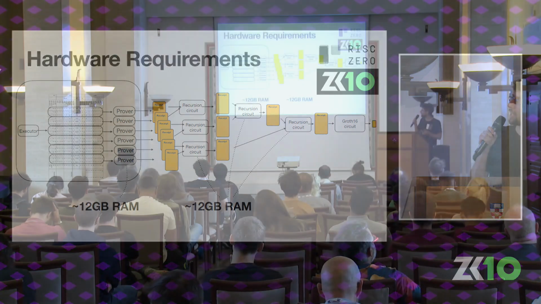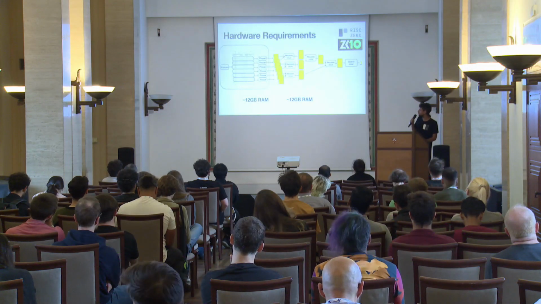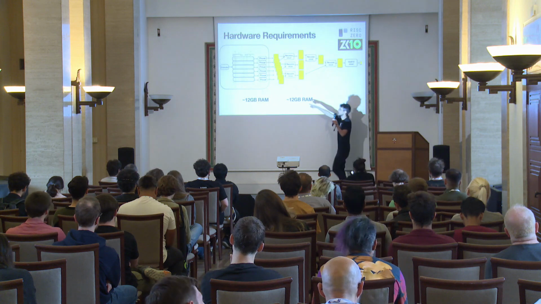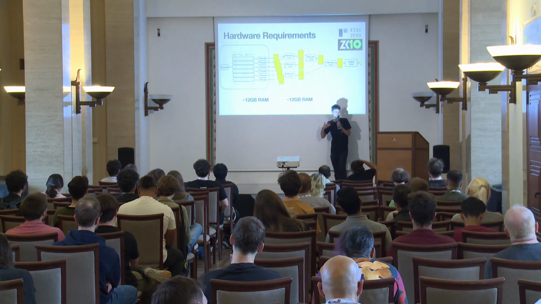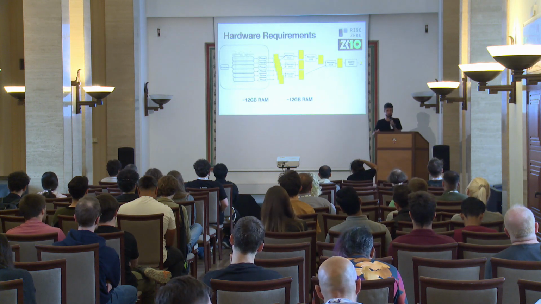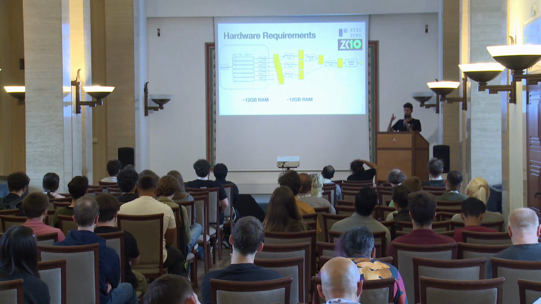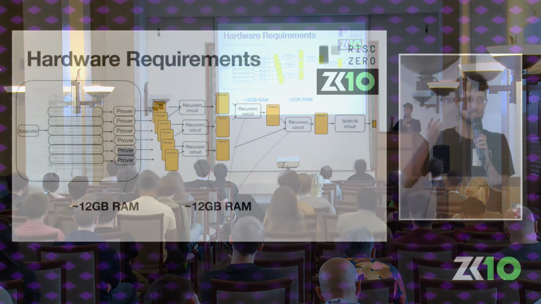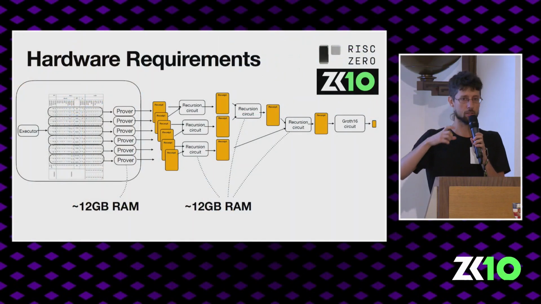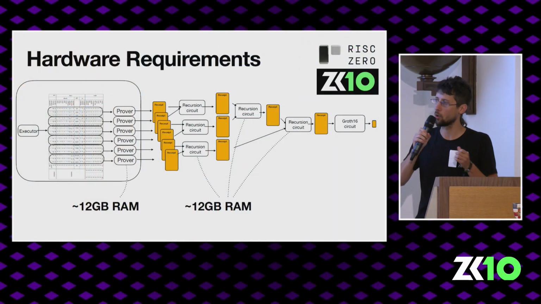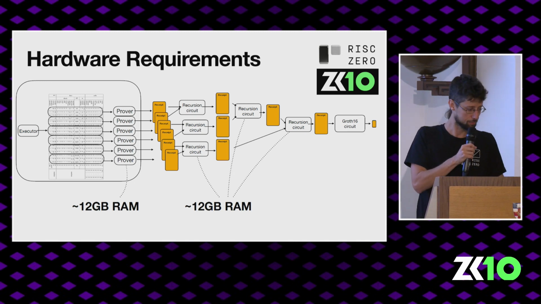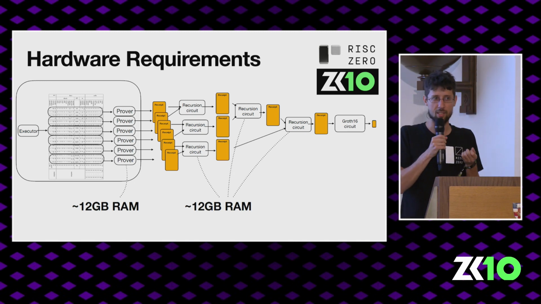This 12 gigabyte number here is based on the size of these segments. Right now our default segment size is 1 million cycles, which means that in order to generate a proof, we need to do a number theoretic transform, or FFT, on 1 million cycles. And the hardware requirements translate to about 12 gigabytes. We can tune this down.